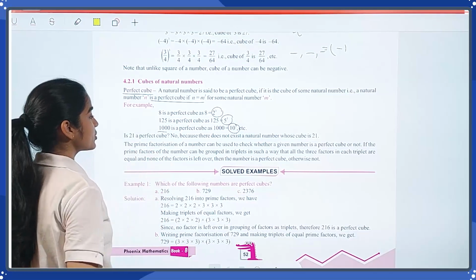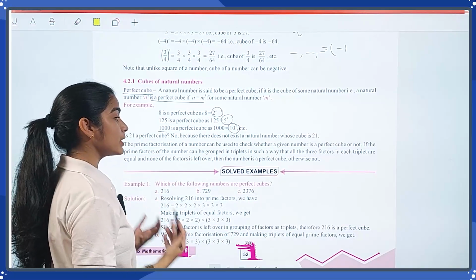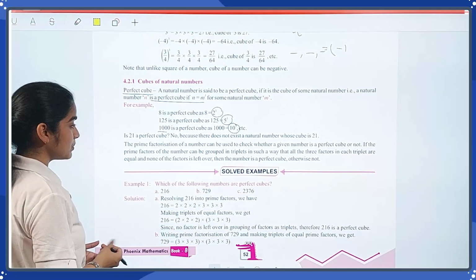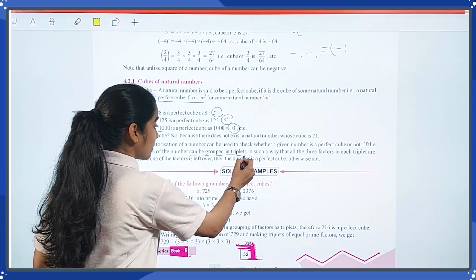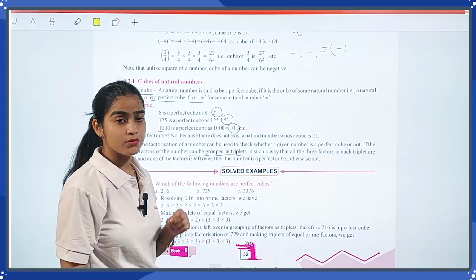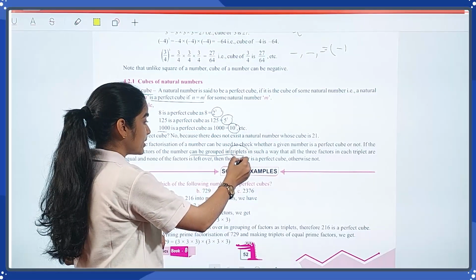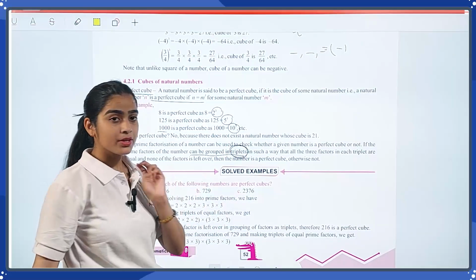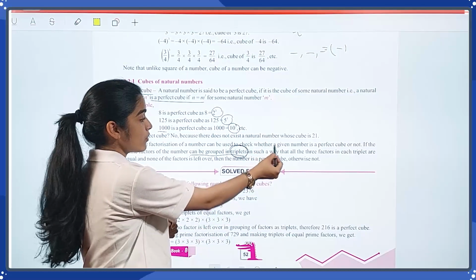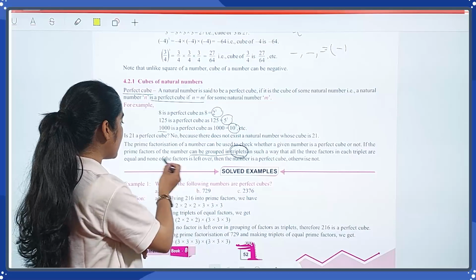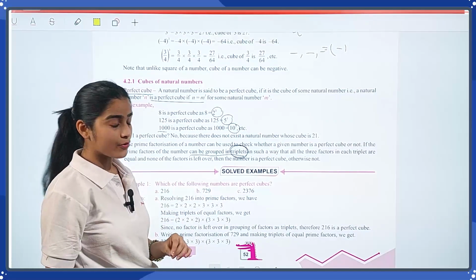The prime factorization of a number can be used to check whether a given number is a perfect cube or not, if the prime factors of the number can be grouped in triplets. In squares and square roots, we make pairs, right? But in this, we group in triplets. We have to make groups of 3 numbers, in such a way that all 3 factors in each triplet are equal and none of the factors is left over.